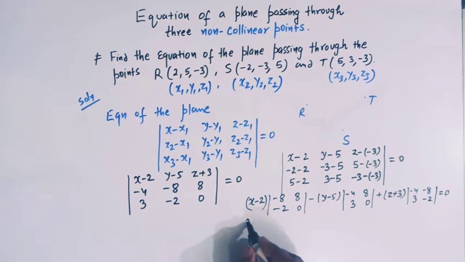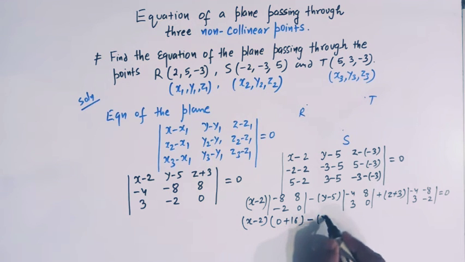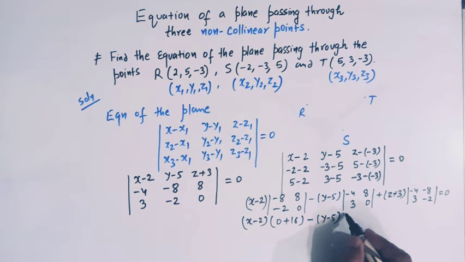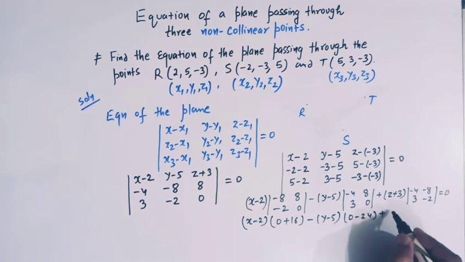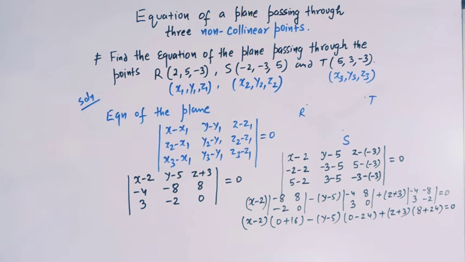So now we have (x minus 2) times 0 plus 16, and minus (y minus 5) times 0 minus 24, plus (z plus 3) times 8 plus 24, that is equal to 0.